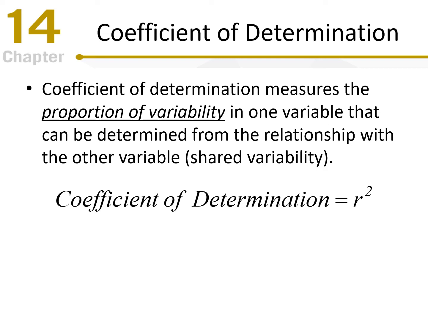But that's very unusual, right? That's not going to happen in real life. If your correlation is 0.5, which I mentioned as being a pretty decent correlation in psychology, square 0.5. If you square 0.5, you get 0.25. So a correlation of 0.5 only accounts for 25% of the variability in Y by X. That's not good.